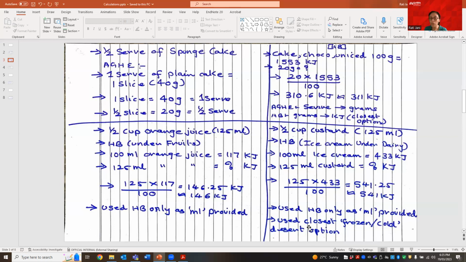So these are the kind of assumptions. If I were you as a student, I would put these rough calculations and assumptions down for the examiner to see, so they know where I'm coming from and that my assumptions are logical. It's not that I've just randomly done something. I have a logic behind it.